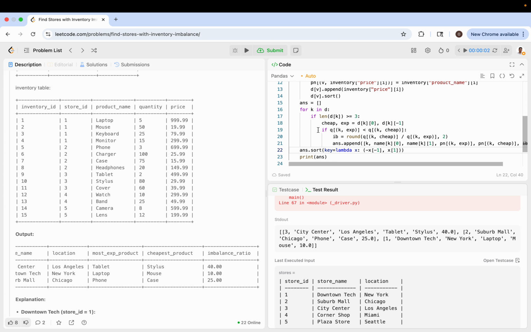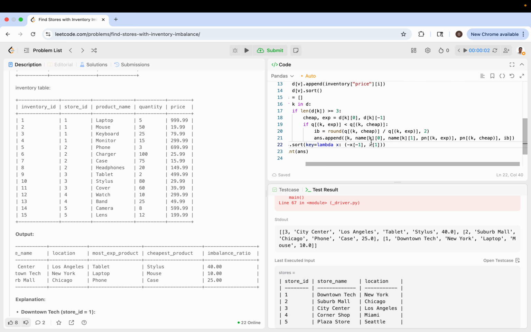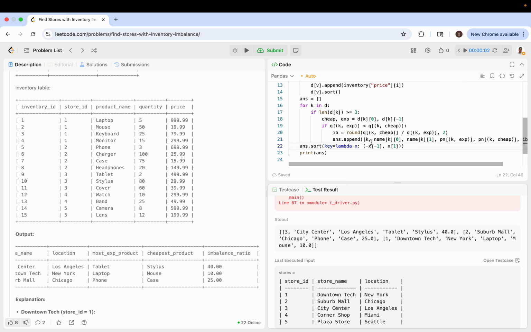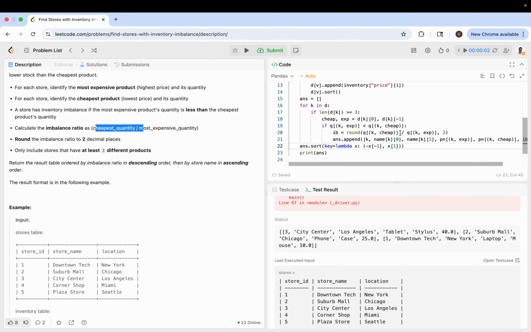Name k0, name k1, PN expensive, cheap, IB. Yep, IB is what? Cheapest quantity divided by most expensive quantity.